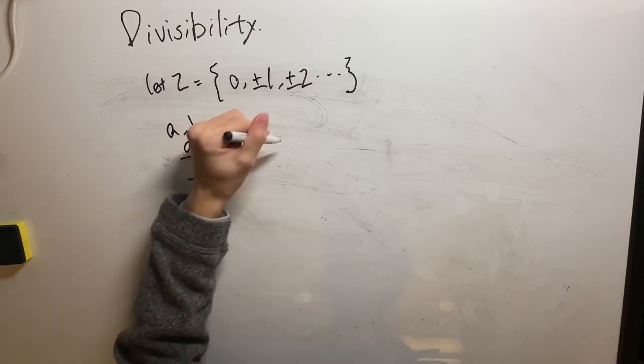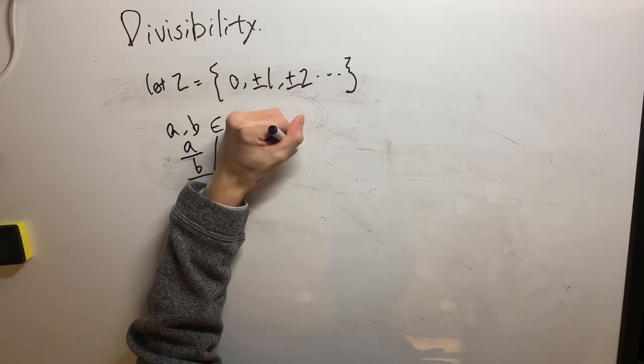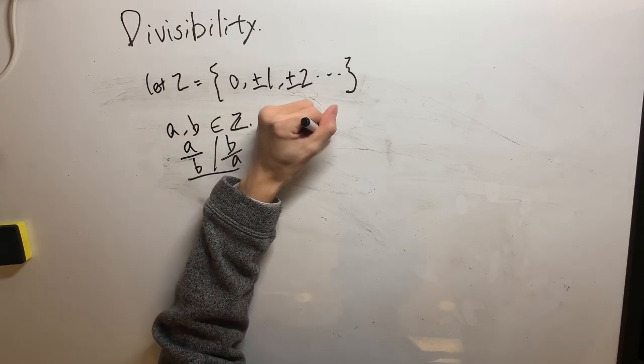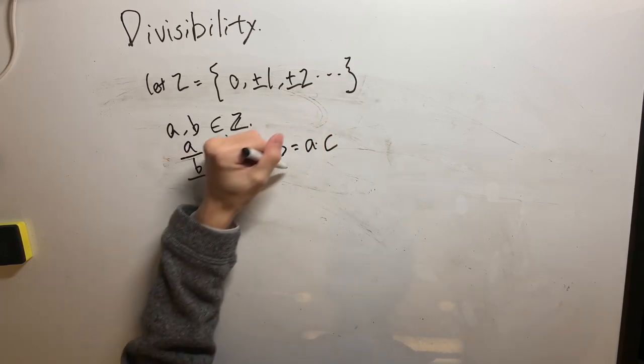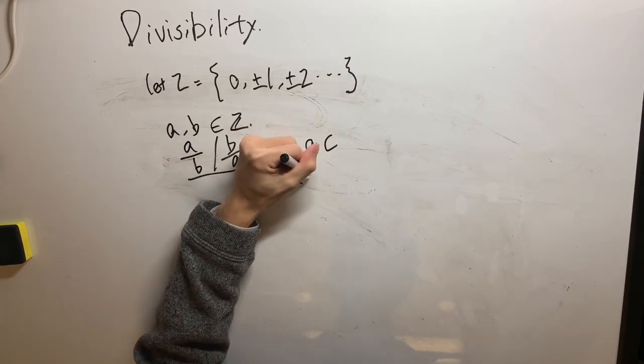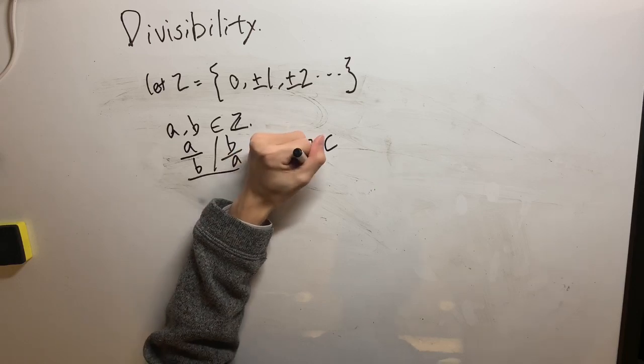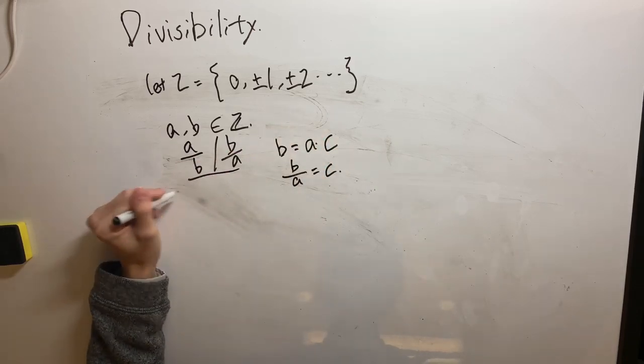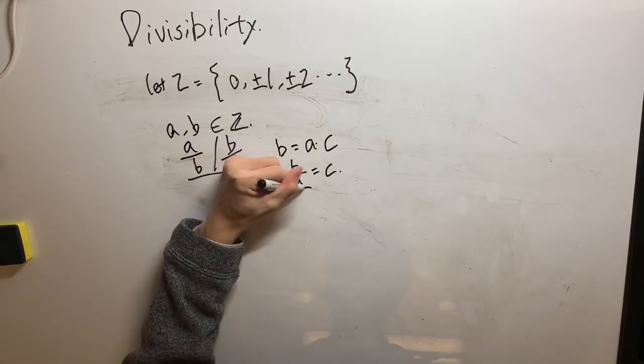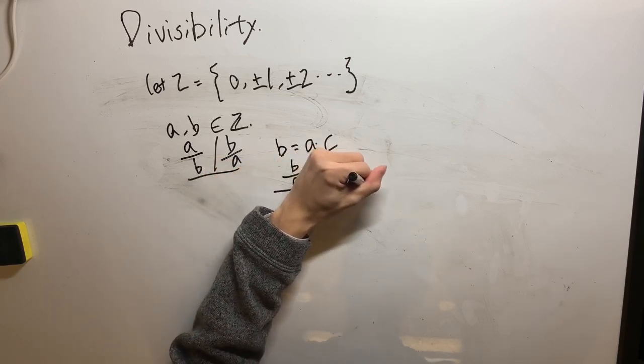But if we denote b as a times an integer c, then b over a is definitely an integer because that equals c. We denote this as a divides b.